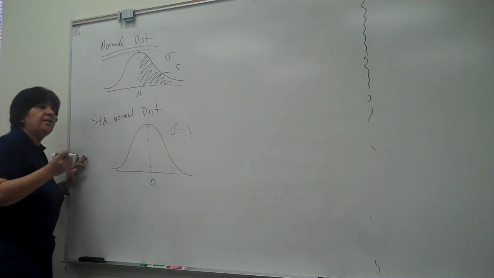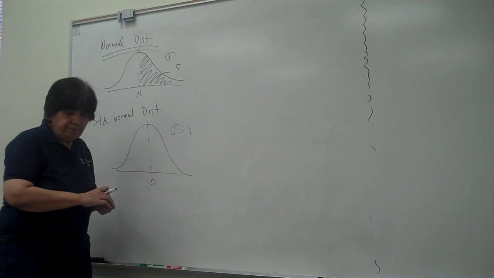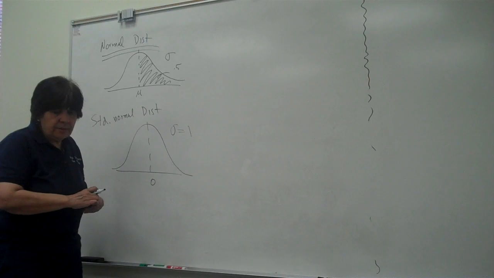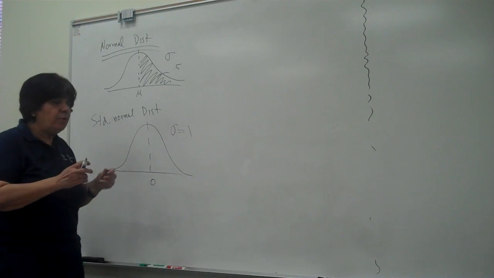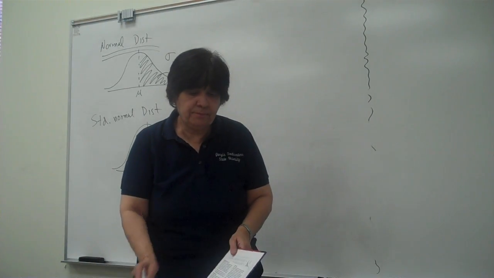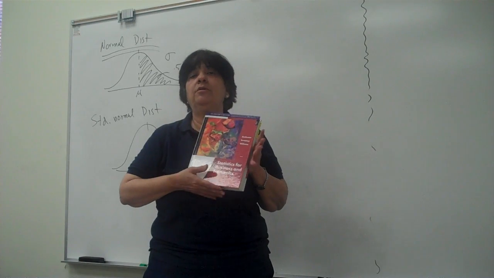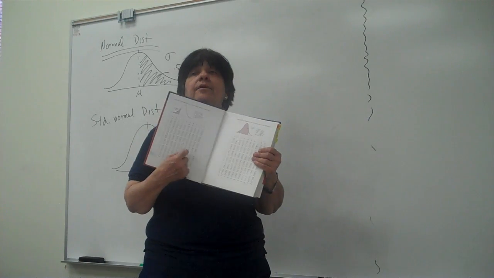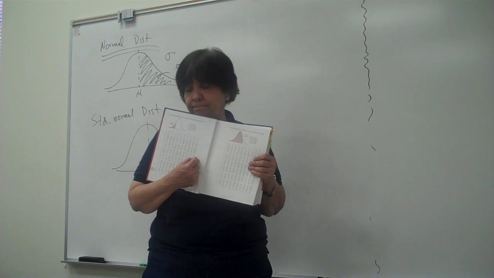That is an extremely important distribution. And why is it so important? Because we have tables, and in the first part of your book are the standard normal distribution probability tables.